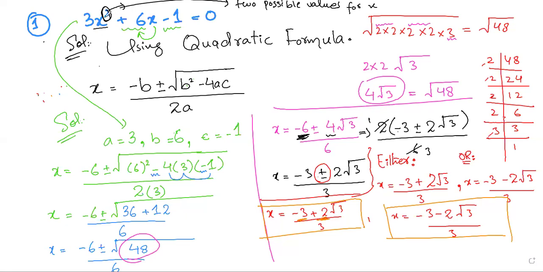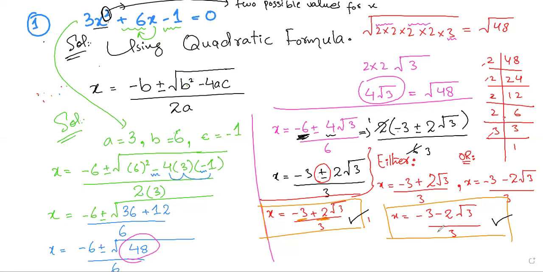We can deduce from here that if the power of x is 3, it means we will have 3 possible values. If the power is 1, it means we will have only one value for x. As in the given situation, we have x power 2. So it means we have two different values for x. One is this one and one is this one.